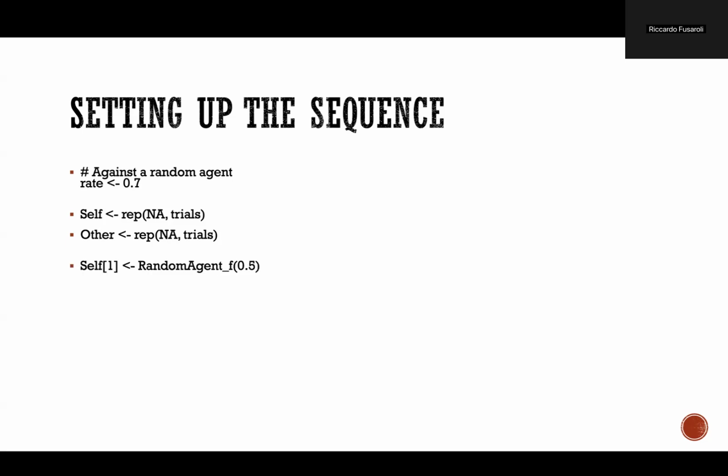We say that even the win-stay, lose-shift, the first time is just going to play random because it doesn't have a previous choice. We can implement that in the function, but this was to keep it simple. Then for t in the sequence of trials, so for every trial, since the random agent is not responsive, we just pre-generate all the data.